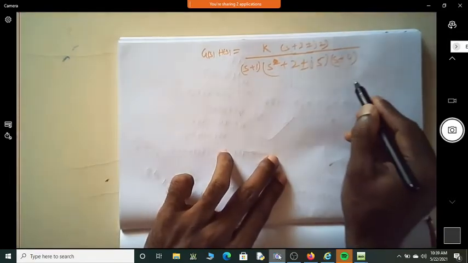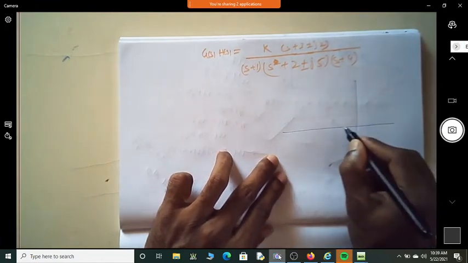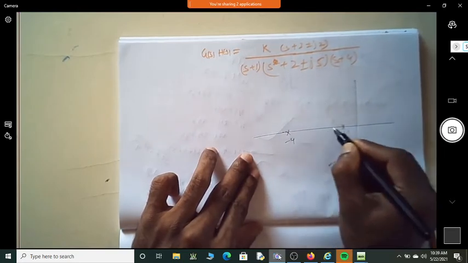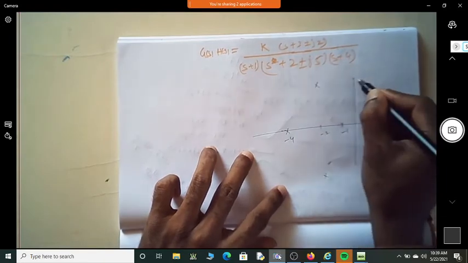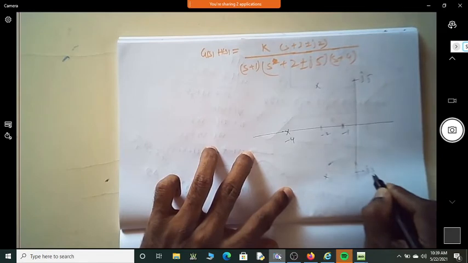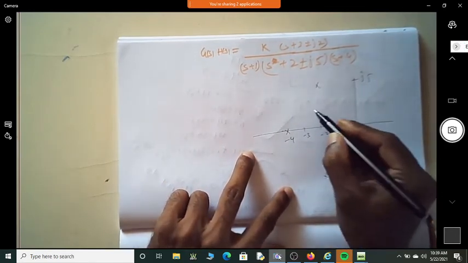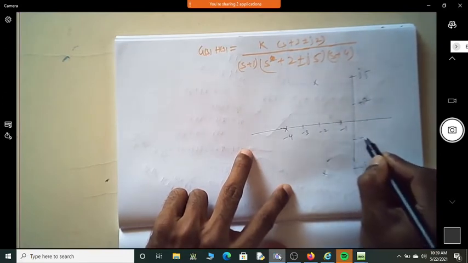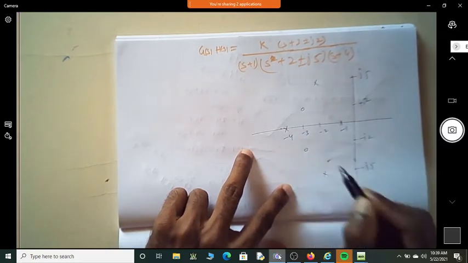So let me write the poles and zeros like this. This is minus 1, this is minus 4, this is minus 2 plus j5, this is minus 2 minus j5, correct? And at minus 3, this is plus j2, this is minus j2, is it something like this?